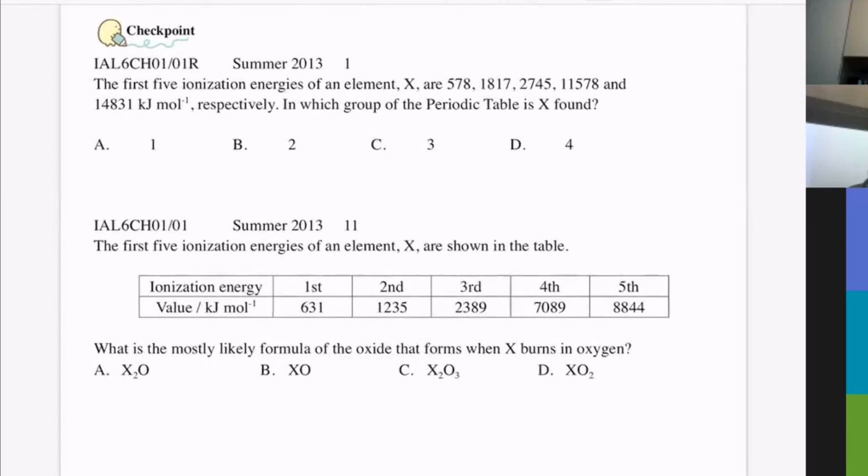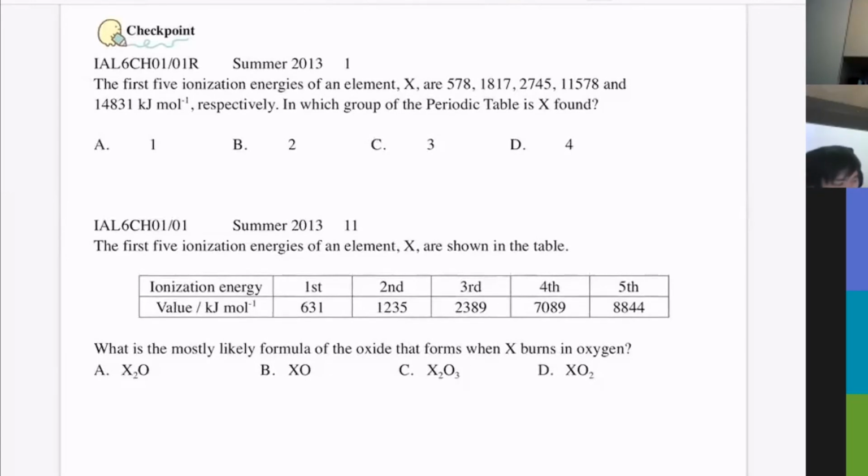Can you let me know? Okay, I've received 2 different answers from 2 different students.